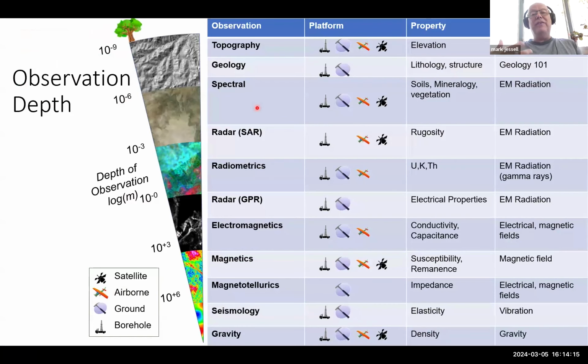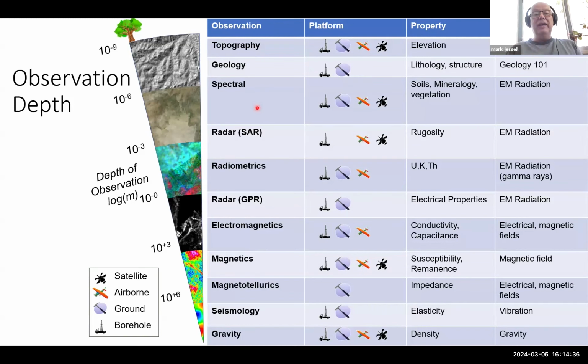And when I say geophysics, in fact, there are many, many types of geophysics. And in this talk, I'm only going to talk about magnetics and gravity. So magnetics is measuring the magnetic properties of a few minerals in the rock. Gravity is measuring the variations in density of all the different minerals.